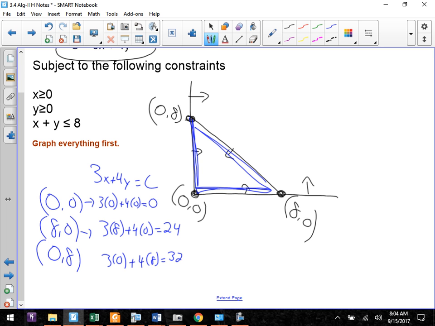Now, what this is going to look like in terms of words eventually, it's going to be like, how many of certain things should you sell to maximize profits? You should sell 8 pens and 0 pencils to make the most money. I'm just thinking of something off the top of my head. Okay? That's kind of where it leads.